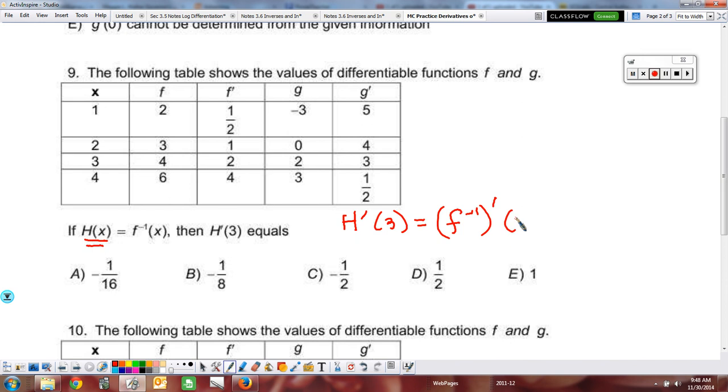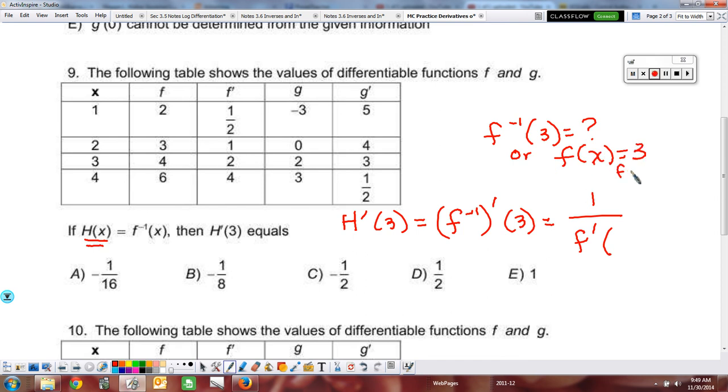So according to our formula, to find the slope on the inverse at 3, I do the reciprocal of the slope on the original at the corresponding point. So I need to figure out f inverse of 3, what is that equal to? Or you want to think of that as f of x equals 3 for x equal to what value?